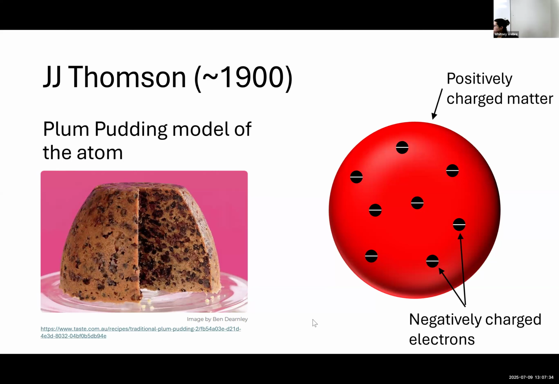Those plums are electrons, which are negatively charged, and the rest of the cake is positively charged matter. We know that an atom is neutral. If I have an atom of carbon, it's neutral in charge. Electrons are there, and then something positive has to be there to make it neutral. Negative plus positive creates neutral. This was just a general theory, where the space is positively charged and the electrons are negatively charged.